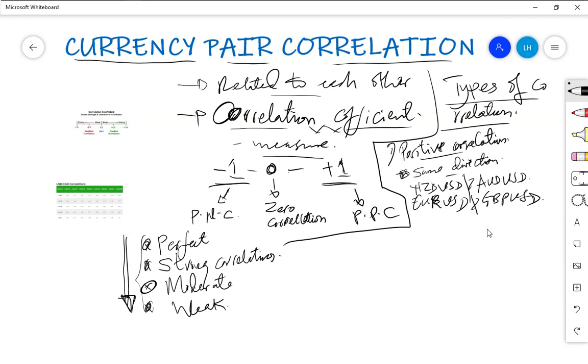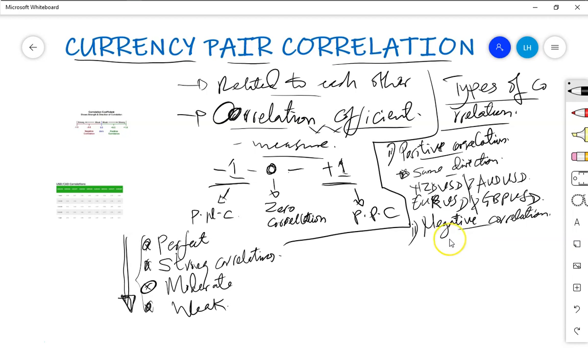Now we have a second type of correlation, whereby correlation can be negative. Later on we will see how you can use correlation in your analysis.